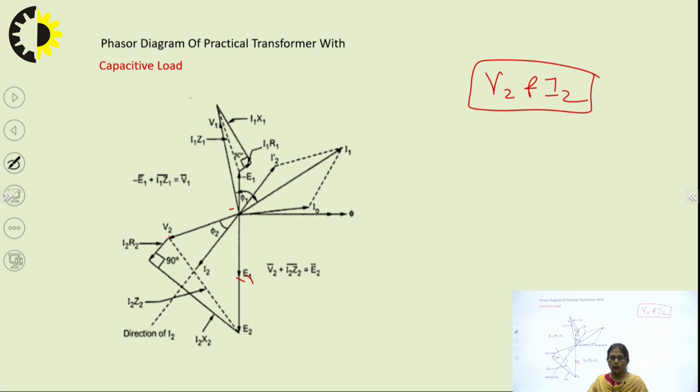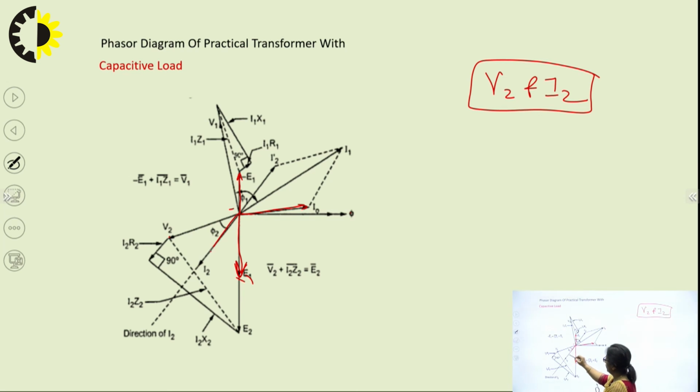In brief, I am going to cover it up. Once again, the reference phasor phi, lagging to which by 90 degree I have the induced EMF E1. The no load current, which is shown arbitrarily as I0 with the two components IM and IW. Then if this is E1, in phase opposition to it, I will have minus of E1.